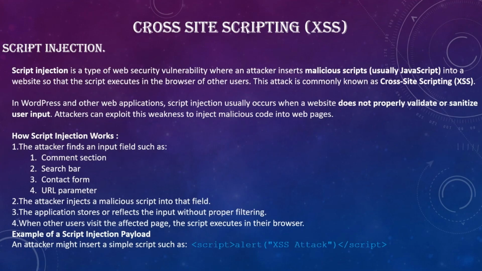The application stores or reflects the input without proper filtering. When other users visit the affected page, the script executes in their browser. For example, an attacker might inject a simple script like script alert, just displaying on our front page. It may show the vulnerable code.